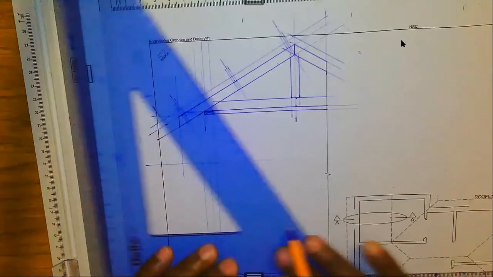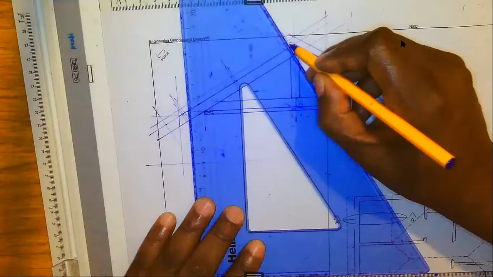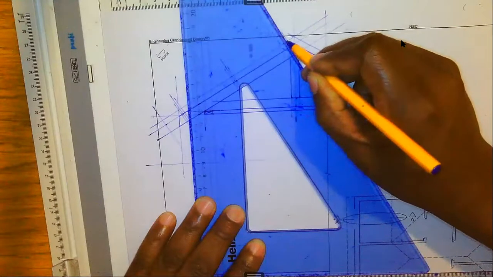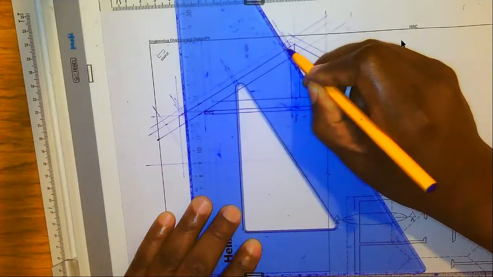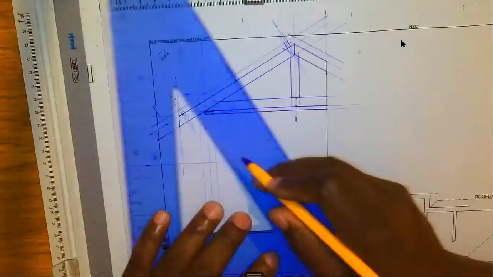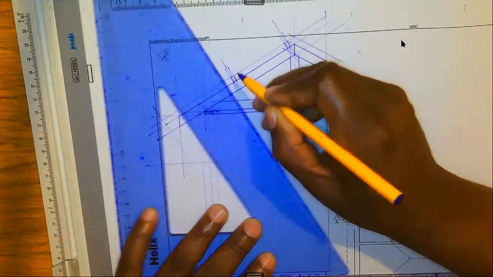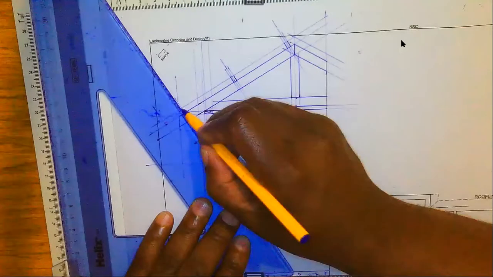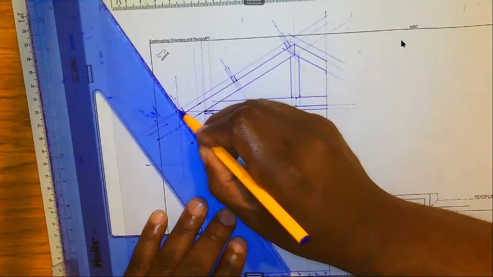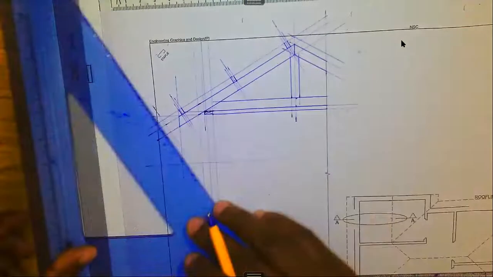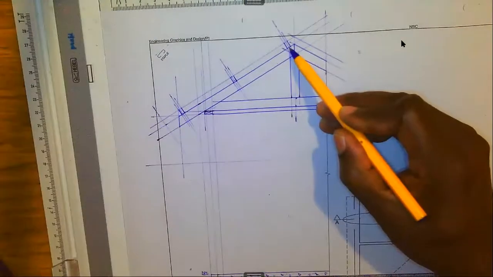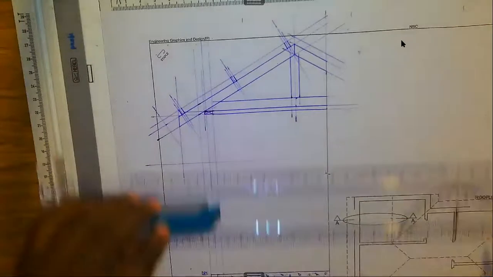Like that. Then you can outline this from here to there, from here to there. Like that. Now, you see this center here, we can easily transfer it to the other side.